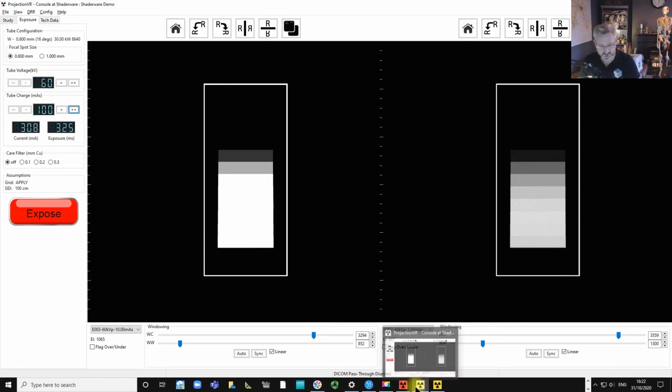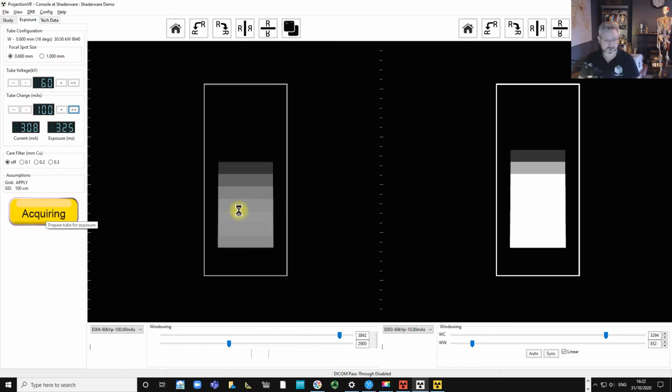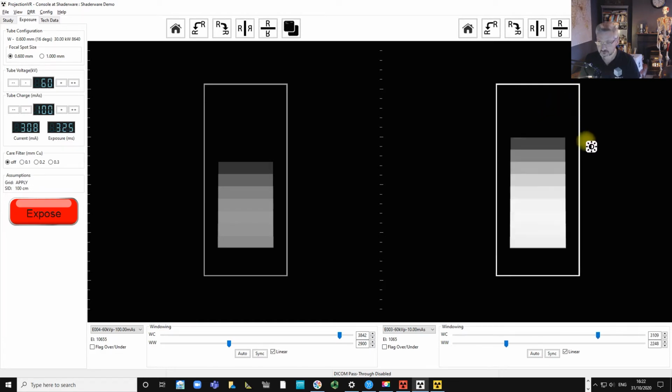Something unusual is going to happen now, hopefully. Just going to hover over, expose. Okay, so now, just comparing this with the very nice image where we had all 11 steps, 1, 2, 3, 4, 5, 6, 7, 8, 9, 10, 11 steps.